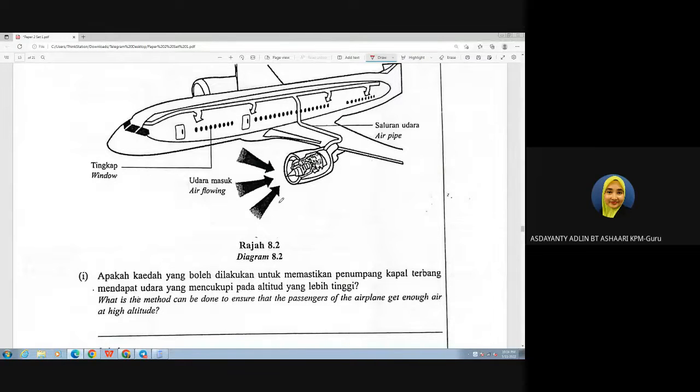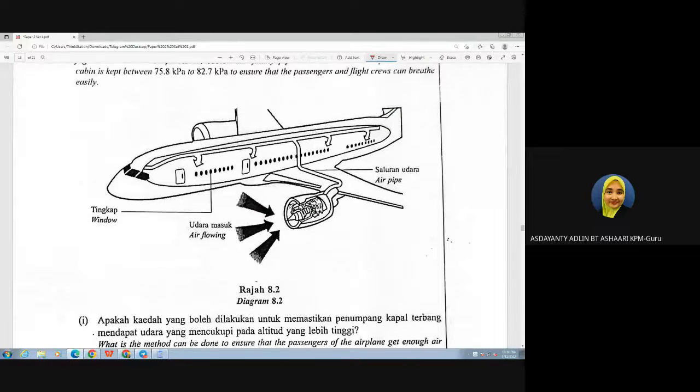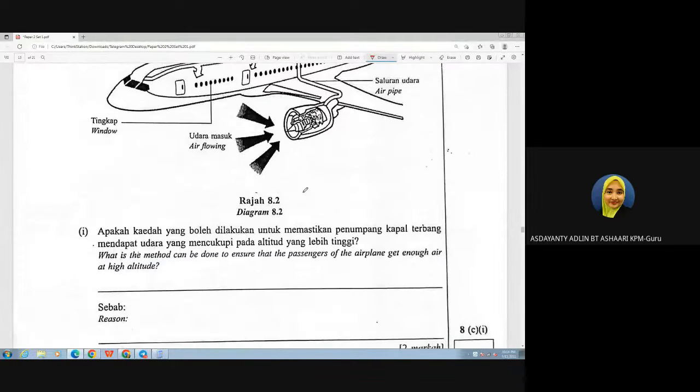Of course they have to use something like an engine to make sure that the air which contains oxygen can flow into the cabin in the airplane. So what do we have to do? Okay, first, to increase the rate of air absorption through the engine.